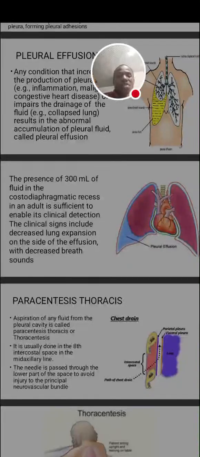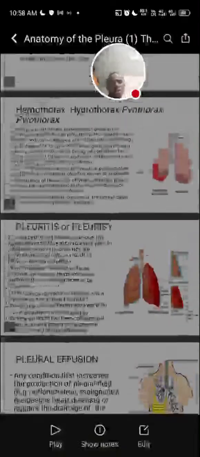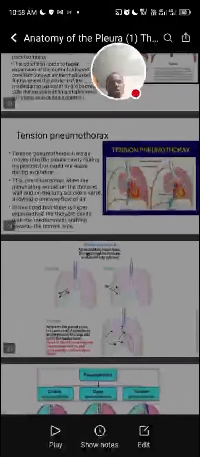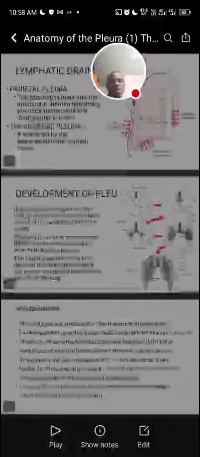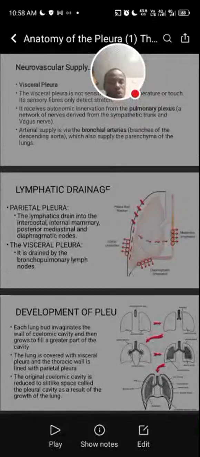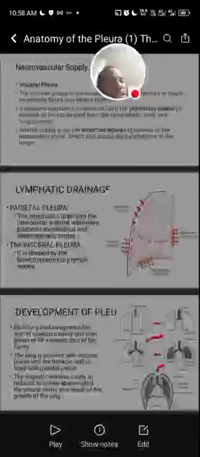While for the viscera, it's just one structure, the bronchopulmonary lymph nodes. That's what drains.